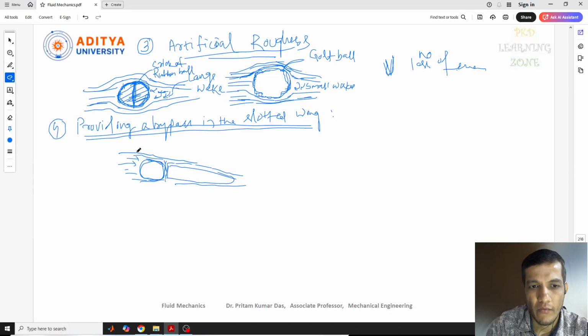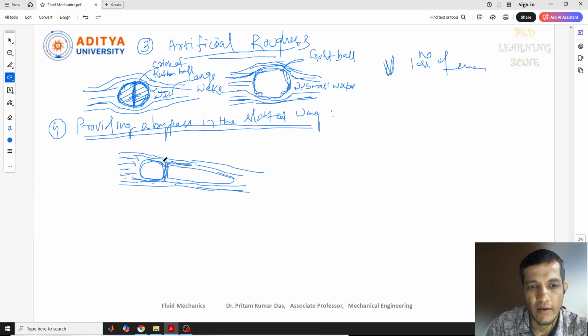And why was this slot given? Because here we are trying to reduce the area, so that the velocity will be continuous in its direction, and its movement will be faster. When the fluid flows through the slots, obviously the velocity will go very fast when it comes out from this.